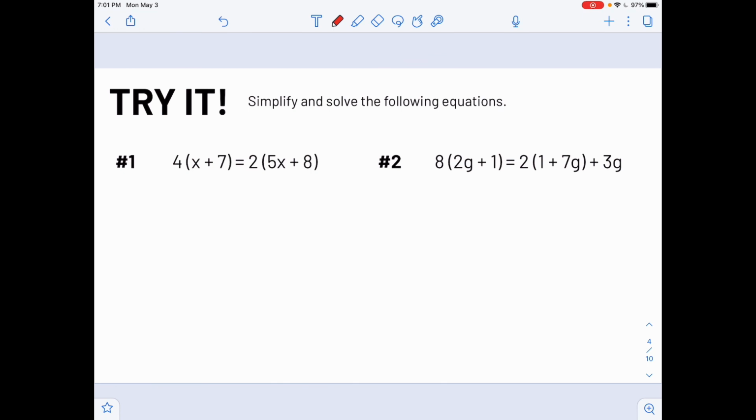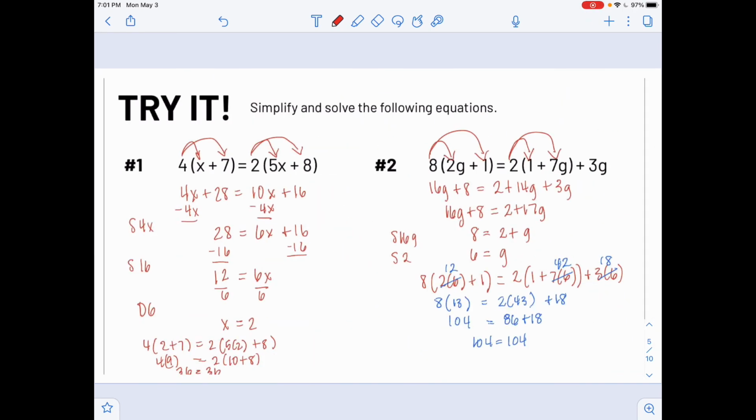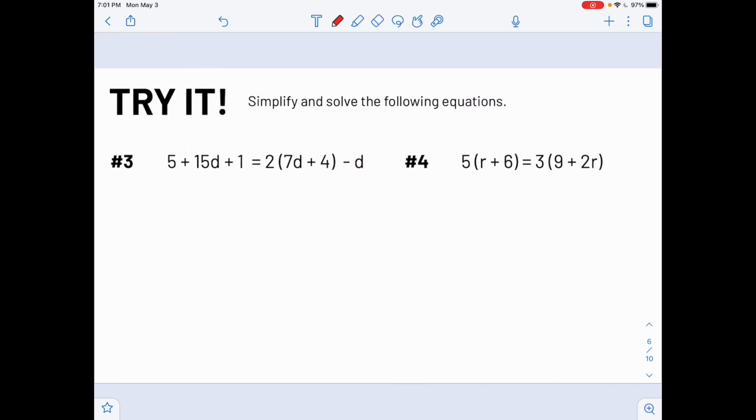I want you to try to solve these 2 problems. You'll need to record them in your notebook and then press play when you're ready to check your work. Now try problems 3 and 4.